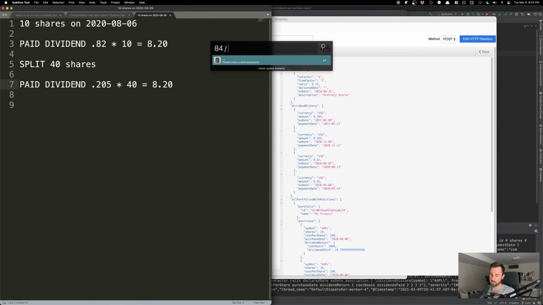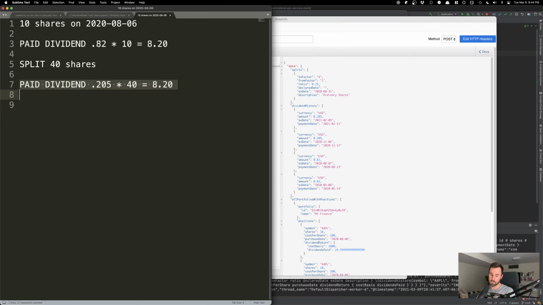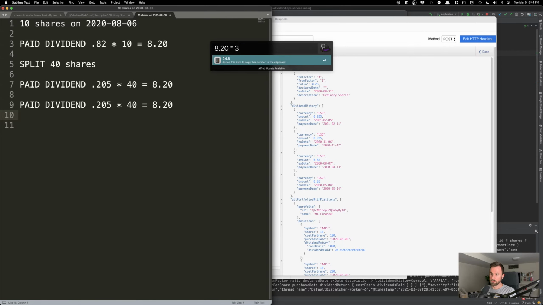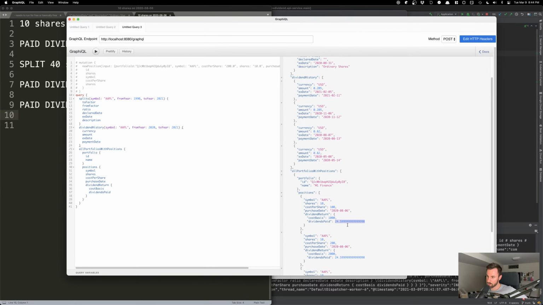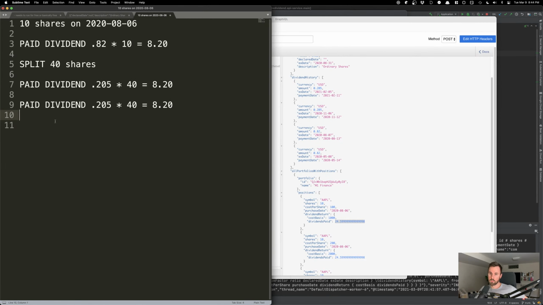And 82 divided by 4, oops, sorry, 82 divided by 4 is 20.5, right? So they didn't raise their dividend, it just split, 40, and then basically I got paid that same dividend again for $8.20. So in total, I would have gotten paid $24.60, and that's what we get. Which is great. That's exactly what we're looking for.